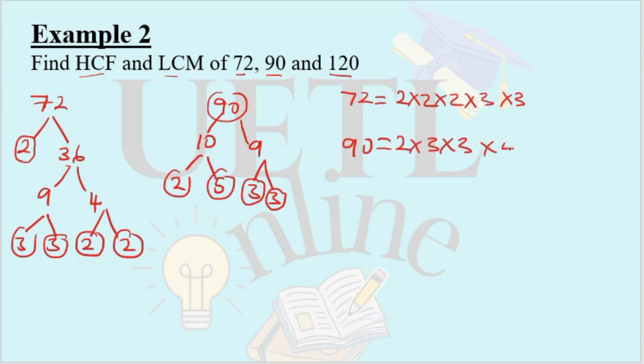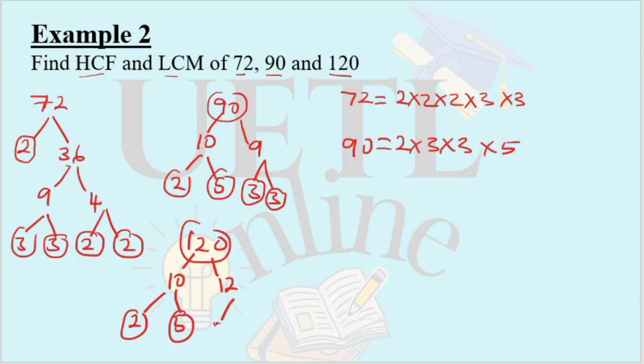Let's go again. 120. The first thing is, let's start with 10 and 12. If we multiply these, we get 120. Now 10 is 2 and 5. These are prime factors. Here 12 is 3, which is a prime factor, and 4. 4 can be simplified to 2 and 2.